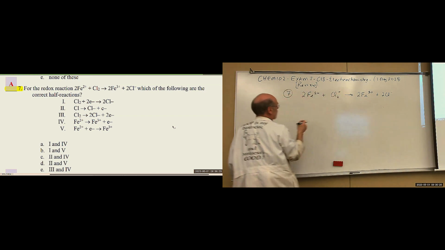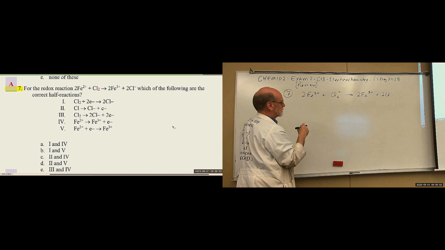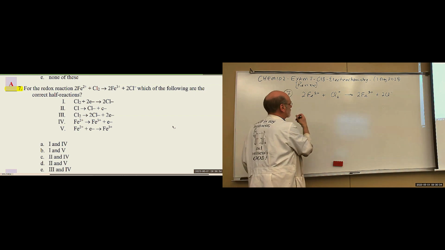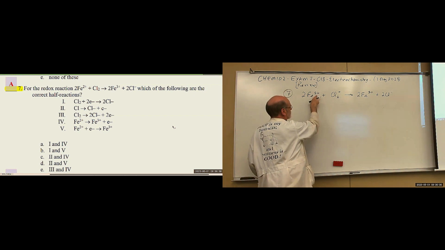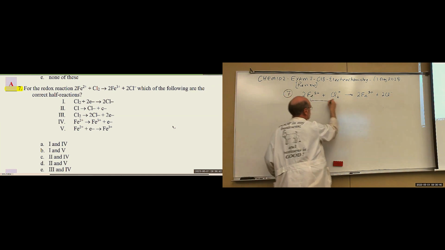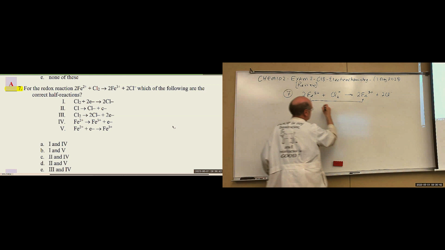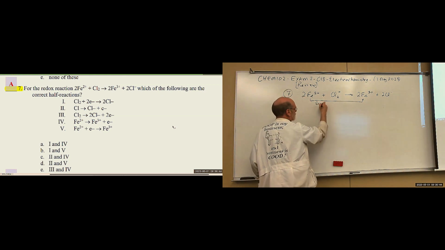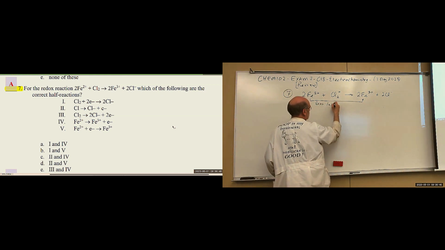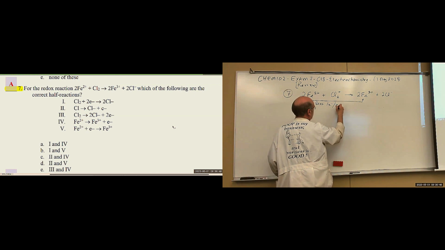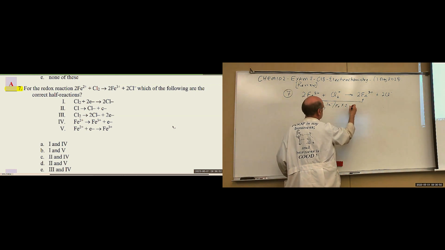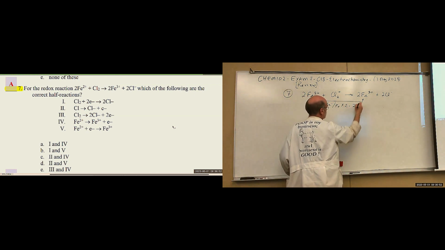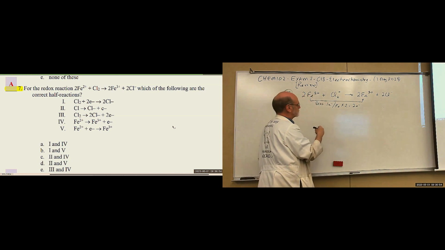All right, we got our oxidation states already. We go from 2 plus to 3 plus would be what? It's a loss. 1 electron per iron times 2 equals 2 electrons. I'm just checking the totals.